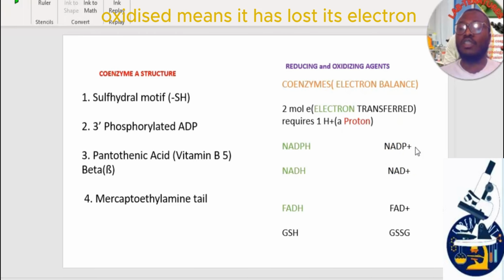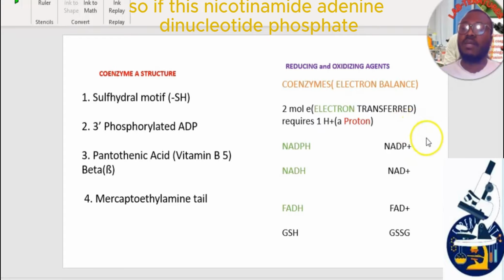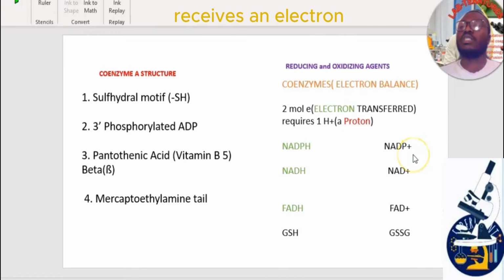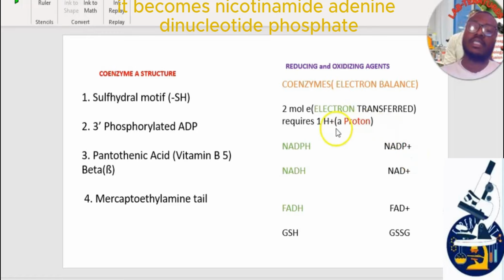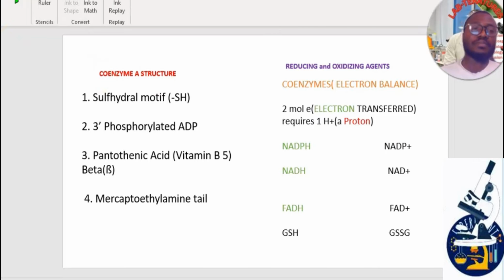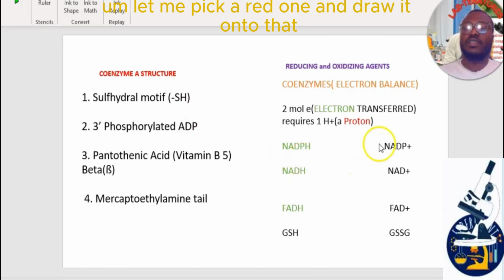Oxidized means it has lost its electron, so it is in a state where it can receive electrons. If this oxidized nicotinamide adenine dinucleotide phosphate, which has the H+, receives an electron, it becomes reduced nicotinamide adenine dinucleotide phosphate. So we can draw this onto that. Let me pick a red one and draw it onto that.